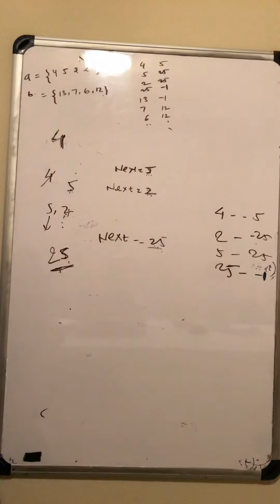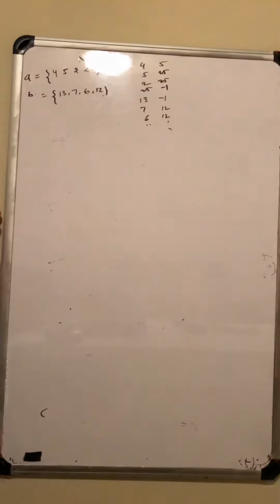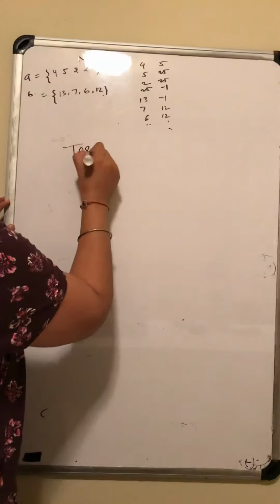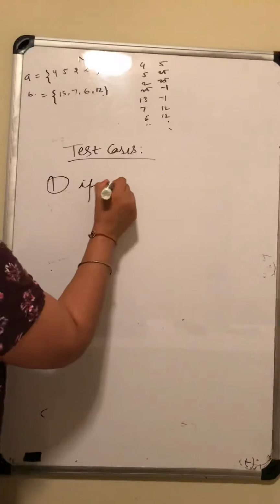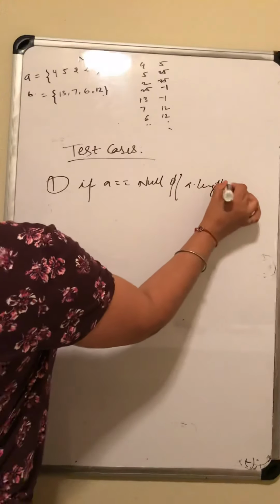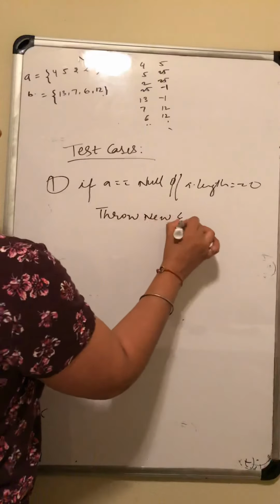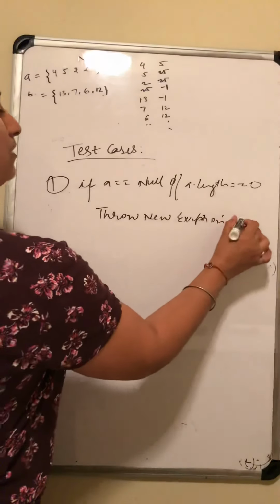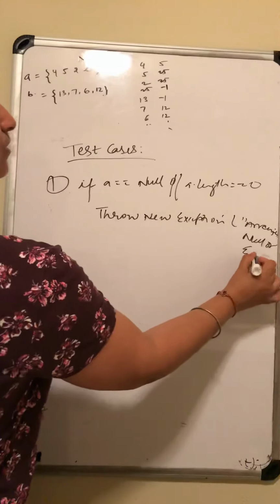Now the test cases for this problem. If a is equal to null or a.length is equal to 0, then I will throw a new exception, "Array is null or empty".